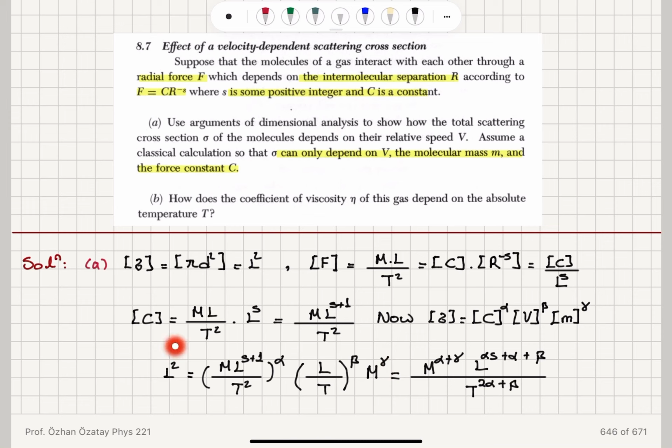This must be equal to the dimension of sigma, which is L squared. So we see that 2 alpha plus beta should be 0, alpha plus gamma should be 0, alpha s plus beta should be 2. So this is basically m to the 0 divided by t to the 0.